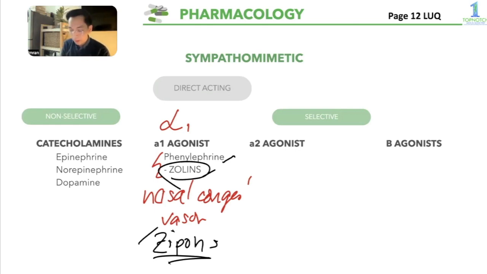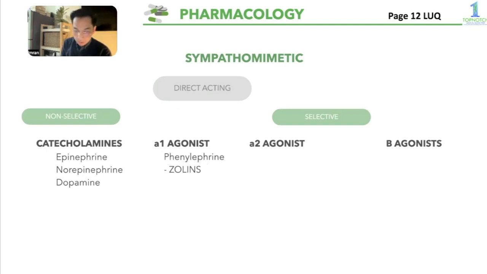Okay? Next, we have your alpha-2 agonist, your clonidine and your methyl-dopa. Your alpha-2 agonist is really a regulator of your sympathetic nervous system.